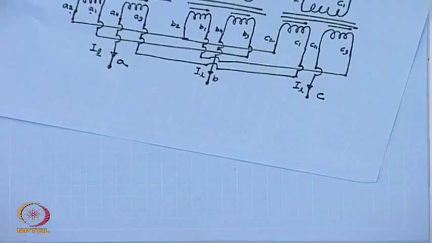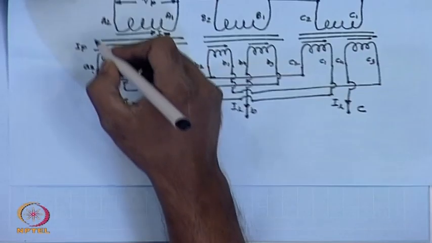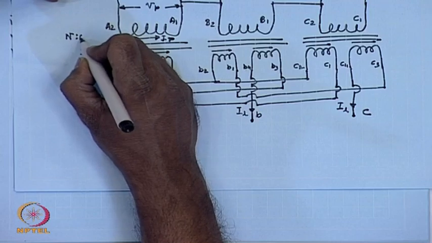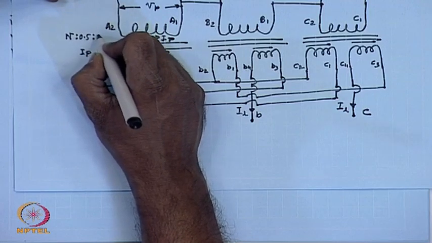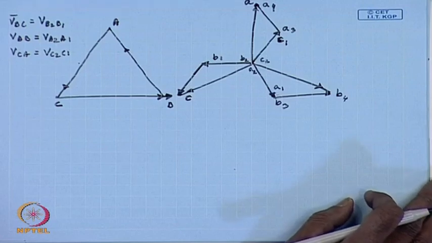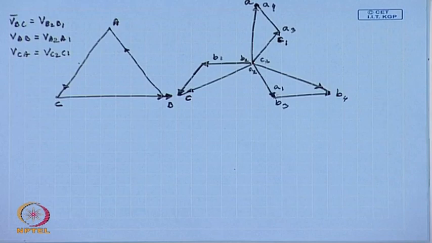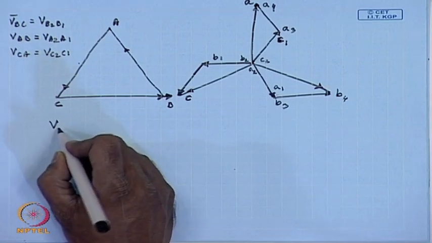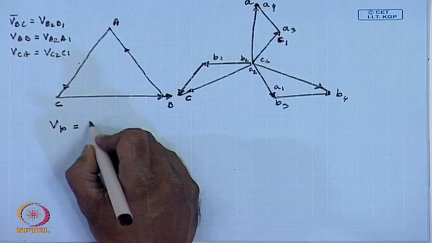Again, we will assume that the turns ratio is N on the high voltage side to 0.5 to 0.5. So, since the primary side is delta connected, Vp equal to VL.